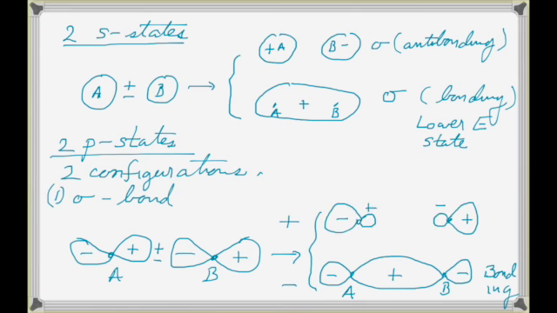So when I add them together, the 2 central regions kind of cancel each other out in between the 2 atoms because they're opposite signs. And so this would be your anti-bonding, your higher energy state. And then again, if you look at the signs, the lower energy state is symmetric around its center, right?